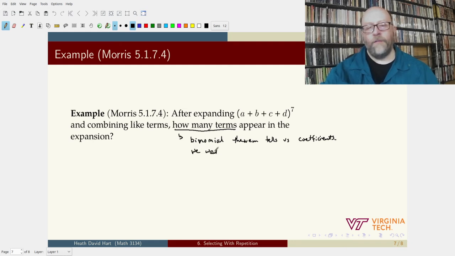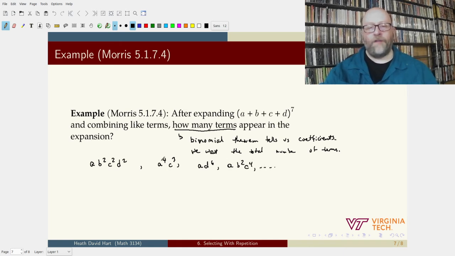We want the total number of terms. And those terms are going to look like things like ab^2c^2d^2, and a^4c^3, and ad^6, and ab^2d^4, and so on and so forth.